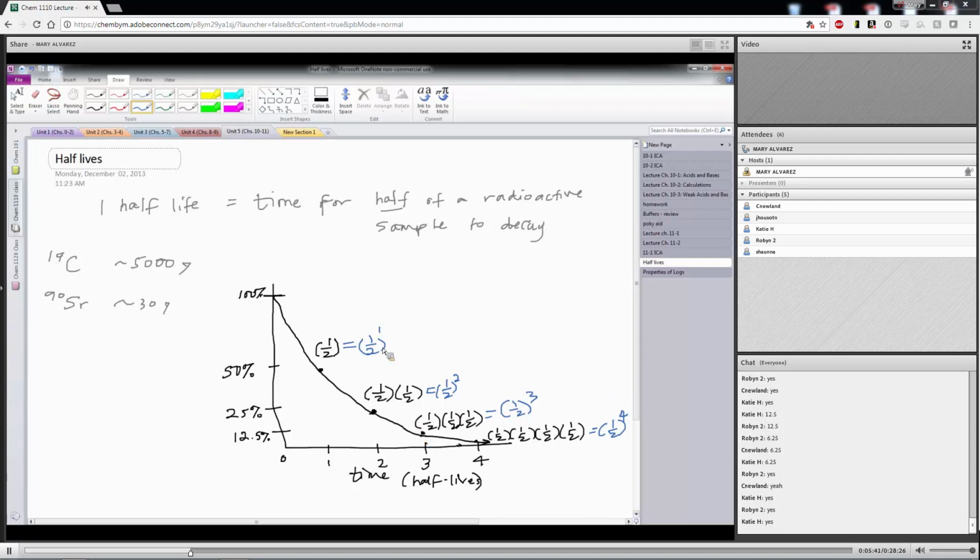Okay, so what I want you to notice is that the number of half-lives that have elapsed is the power that you raise your 1/2 to when you're determining how much of your sample is remaining. So if 3 half-lives have passed, then I raise the number 1/2 to the third, and that tells me what fraction, what percentage of the original amount remains. Everybody make that connection?